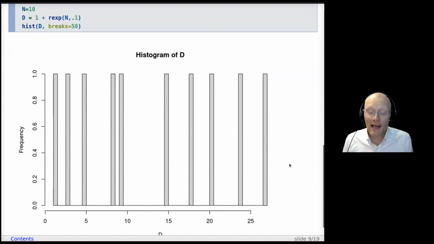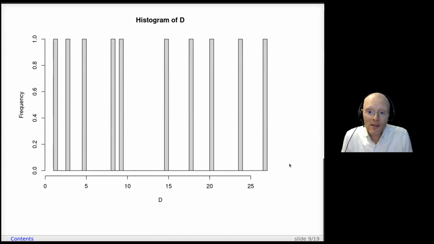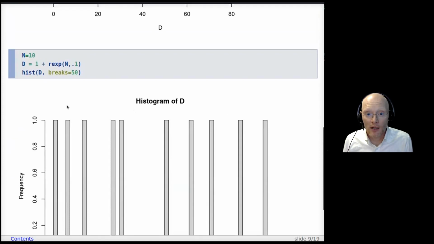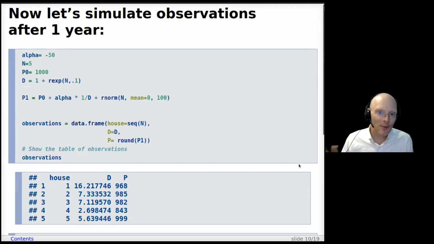But again, if I rolled the dice again, in other words, if I just did my research project again the next year, or if somebody else did it somewhere else, they would find a different set of distances. You've seen it a few times now, but if I redo this, I'll get a different set of distances.